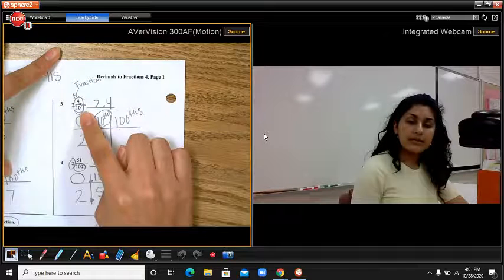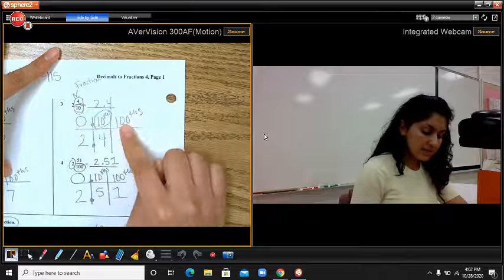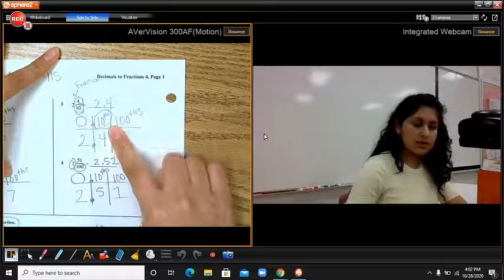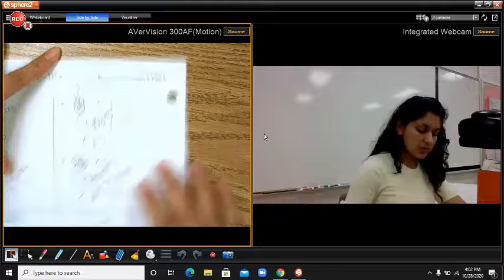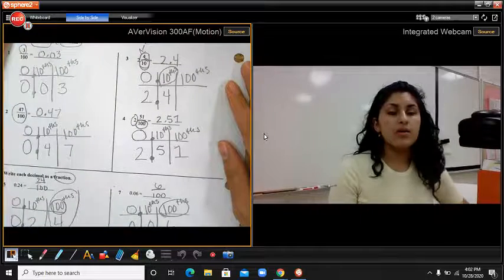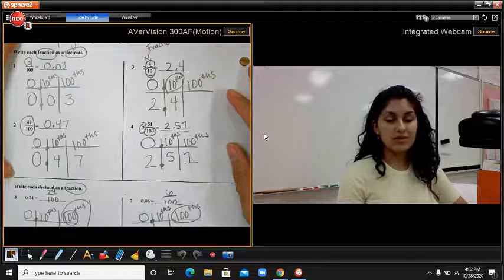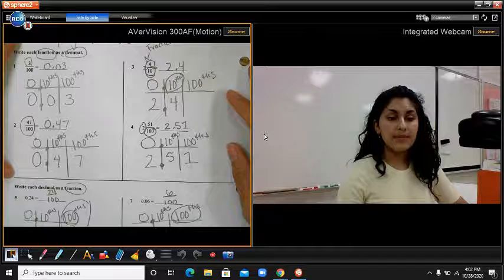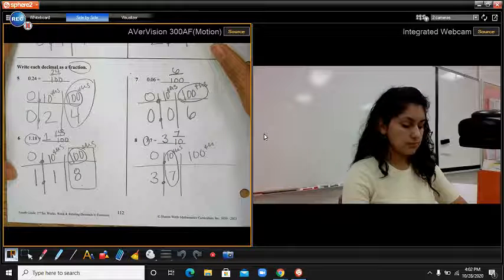The 4 is in the tenths because that's how we read it. The denominator is 10, so it's going to go in the tenths place. And we have 2 wholes, so that goes in the ones. So that's how we convert fractions to decimals. Always make sure you're doing your place value chart as well.